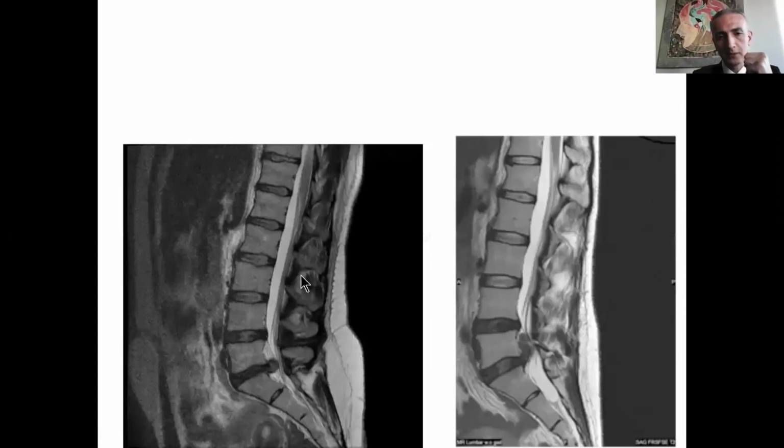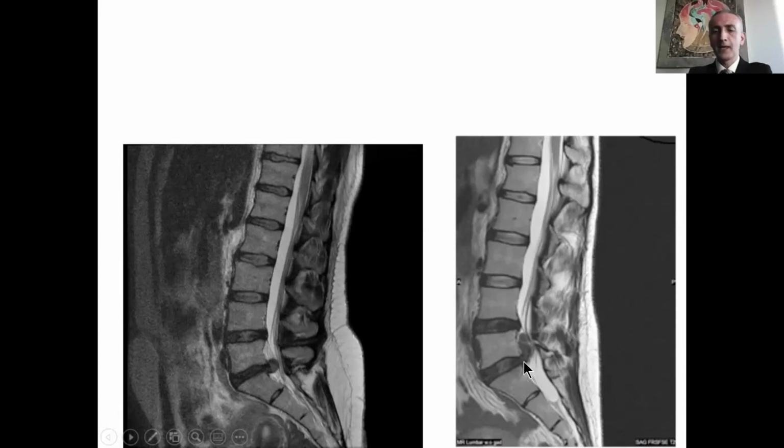One more, this is another patient. So you can see here, the disc here is all right, here kind of all right, but here the disc, again, herniated or prolapsed, it goes into the canal and it impinges the neural structures here or the nerves here. And this is another patient.